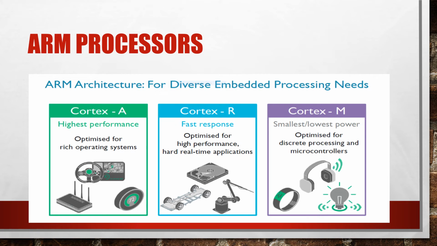We have three kinds of ARM architecture, which we call Cortex-A, Cortex-R, and Cortex-M. Cortex-A is the highest performance, optimized for rich operating systems, so if you are doing heavy processing, you need to use Cortex-A.